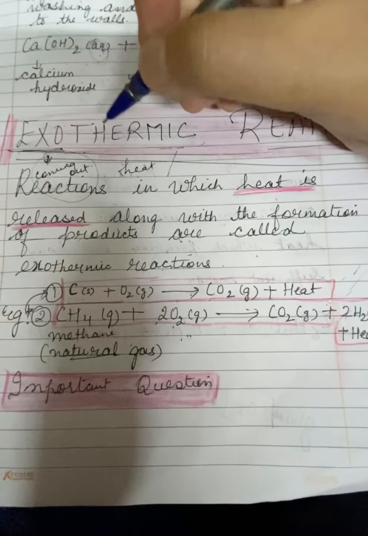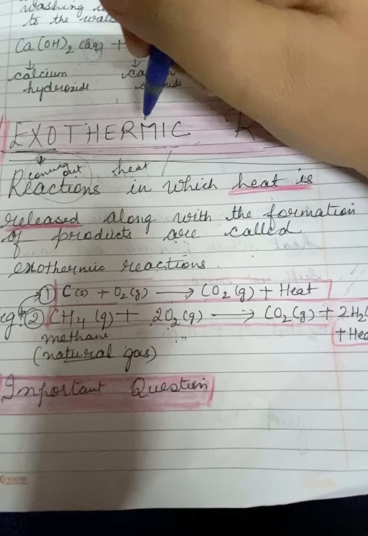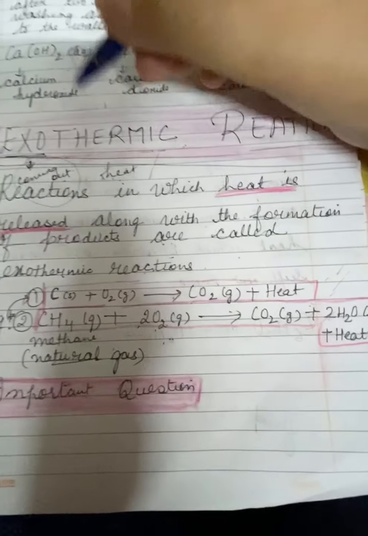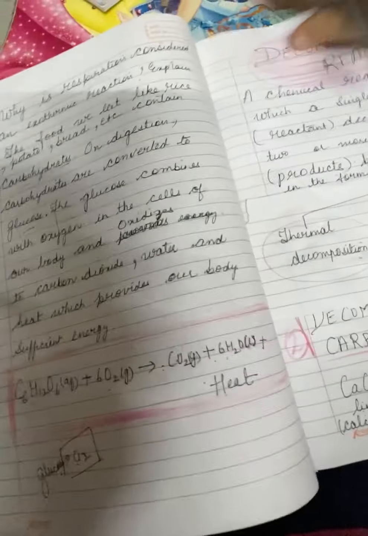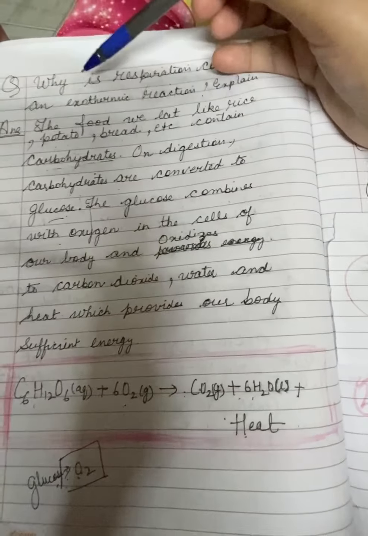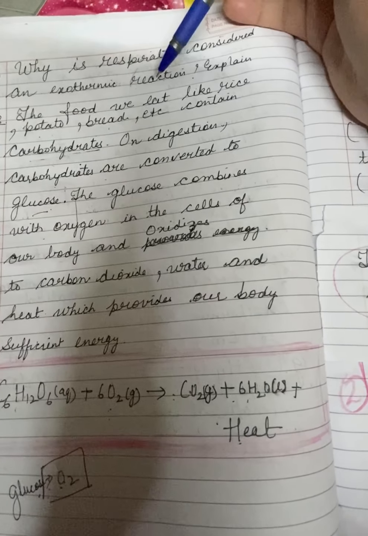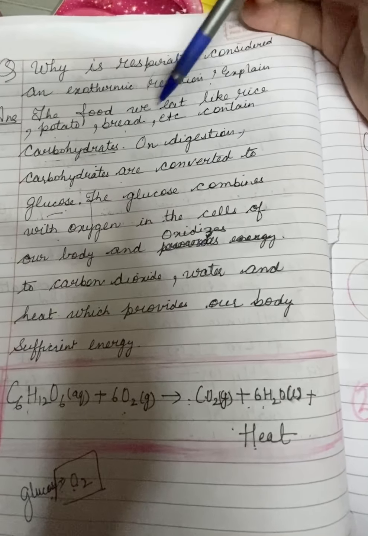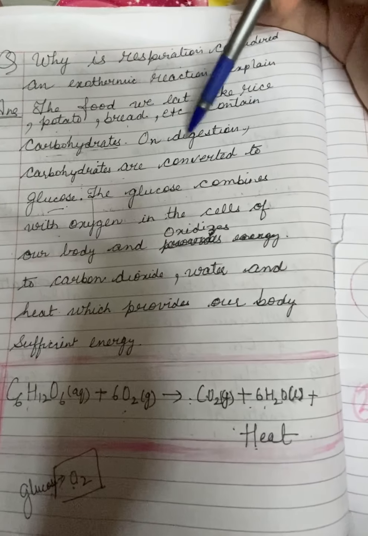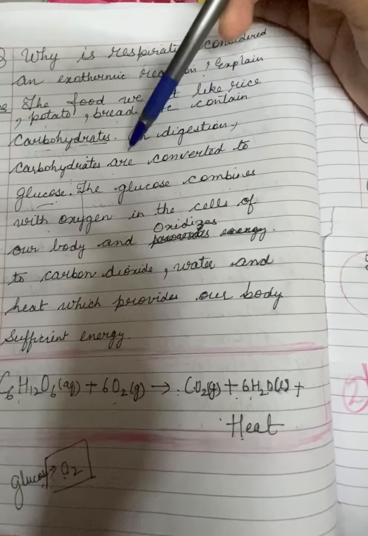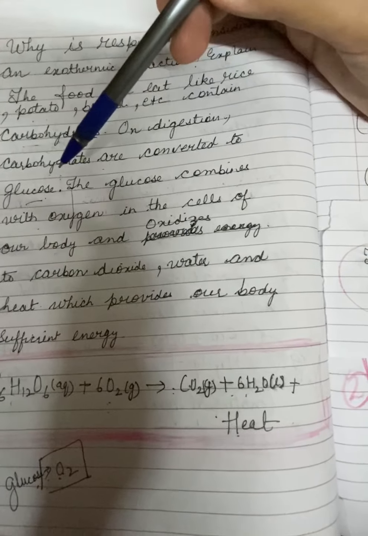So what is that question? Respiration is considered to be an exothermic process. Now I'll explain how. In this way you will get the question: why is respiration considered an exothermic reaction? Explain. The food we eat, like rice, potato, bread, etc., contains carbohydrates, and on digestion the carbohydrates are converted into glucose, the simplest form of carbohydrates.